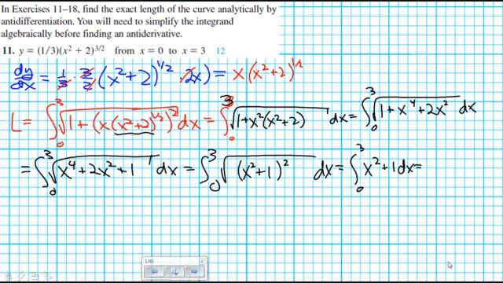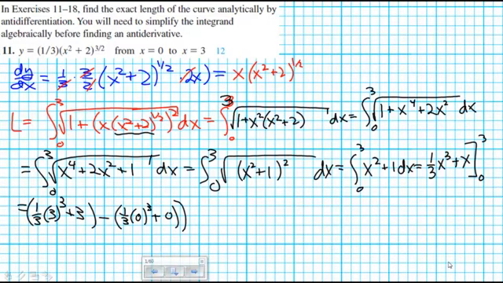The antiderivative of x squared is 1/3 x cubed. The antiderivative of 1 is x. And then we're going to evaluate these on the interval from 0 to 3. We end up with 1/3 times 3 cubed plus 3. And we're going to subtract that by 1/3 times 0 cubed plus 0.